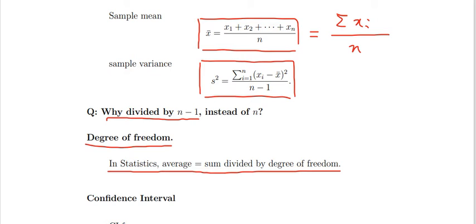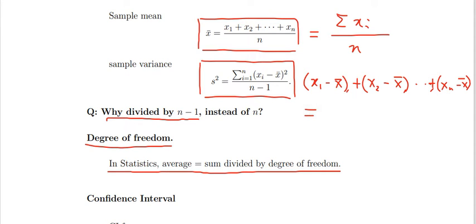because of those n numbers in the numerator: x1 minus x bar, x2 minus x bar, and xn minus x bar. These n numbers have degree of freedom n minus 1, because they have this relationship: add them up, they equal 0.